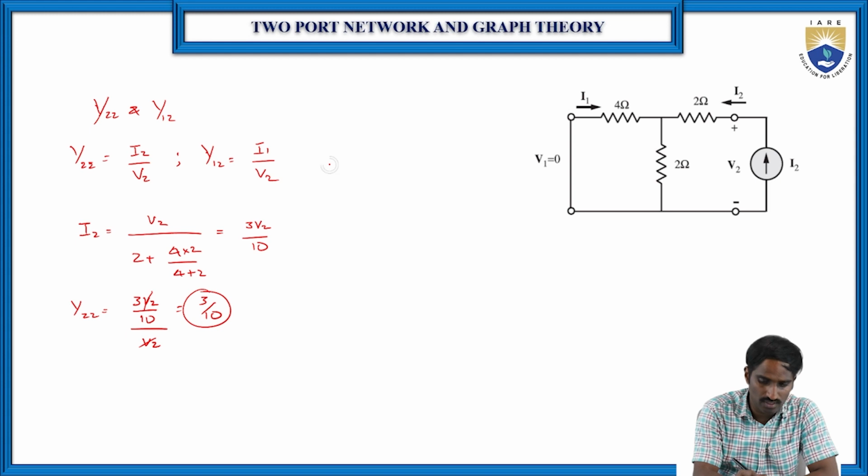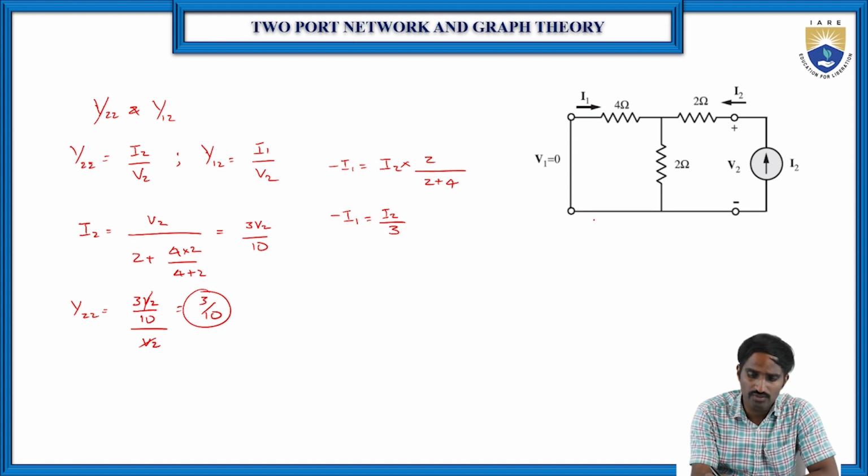Because again the direction is opposite, minus I1 is equal to the total current I2 into the opposite resistor, 2 by 2 plus 4. So minus I1 is equal to I2 by 3.